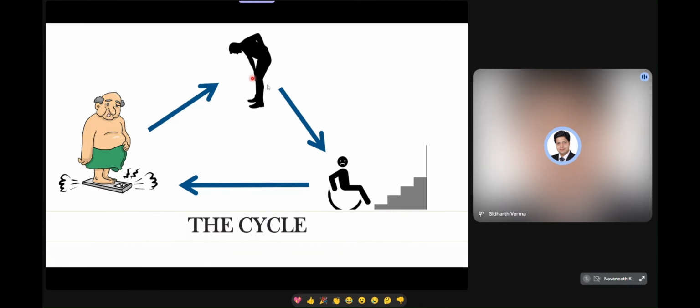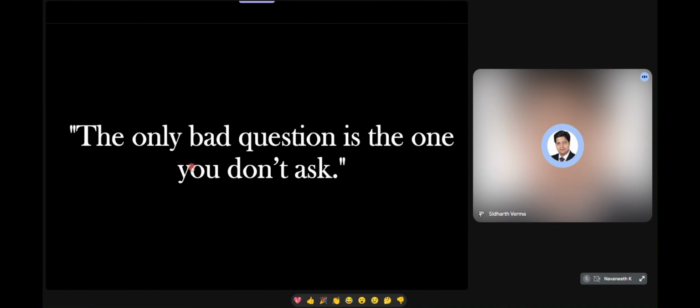If they get fat, they have more pain, more disability, more fat, more pain, and it continues. So we have to break it somewhere. How we break it is, we take care of the pain. And if we take care of the pain, the people can exercise, and then we can go on from there.